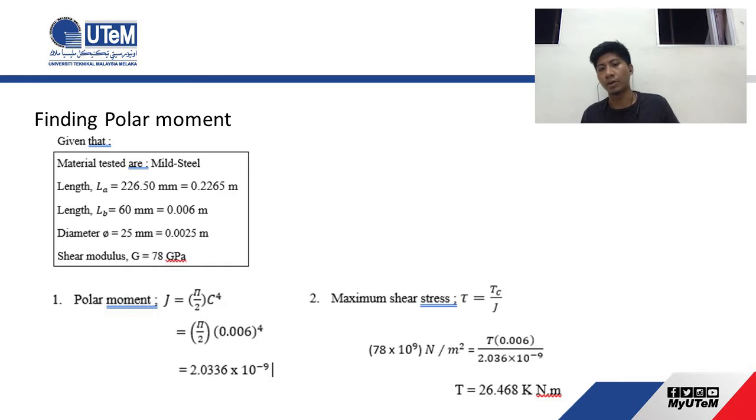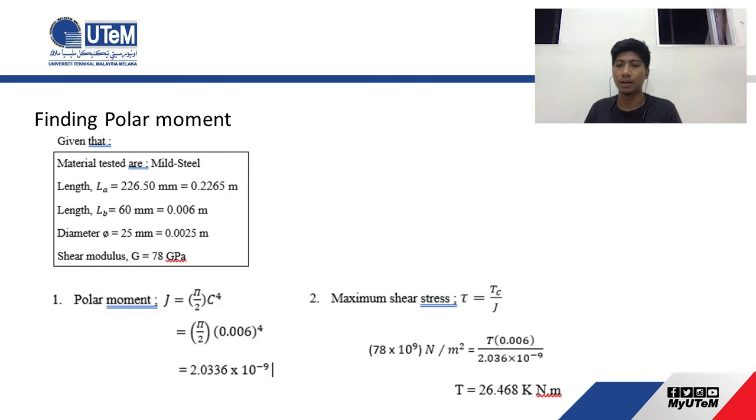The formula for the polar moment is J equals pi over 2 times C to the power of 4, where C is the length from the L socket to the nut that we are going to open.